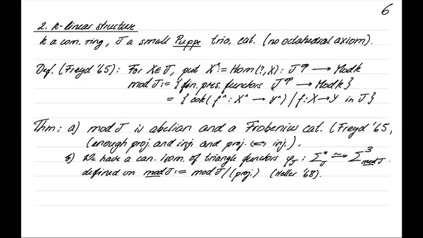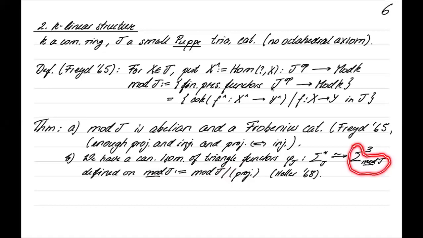Okay, and now a result by Heller, namely using the Puppe triangulated structure, we can construct an isomorphism of triangle functors as follows. We look at the stable category of this Frobenius category. And in this stable category, we have the suspension functor associated with it.